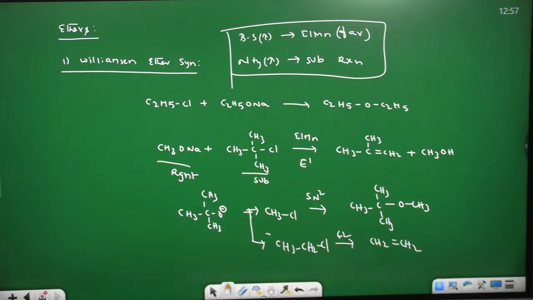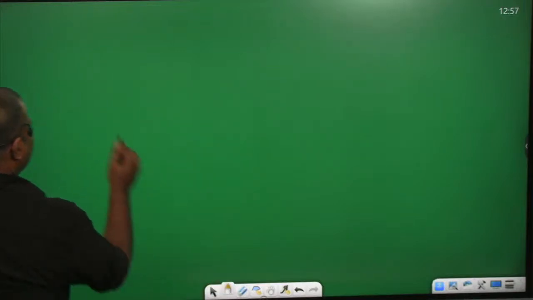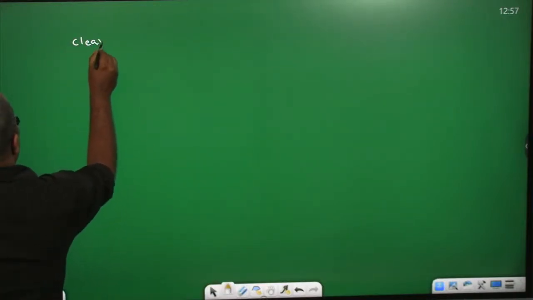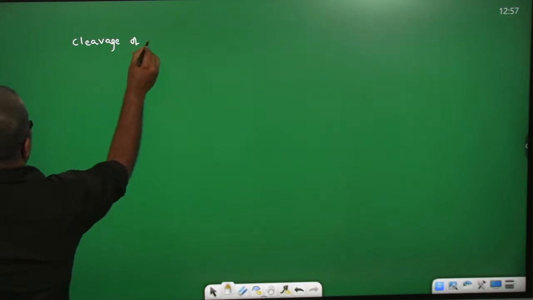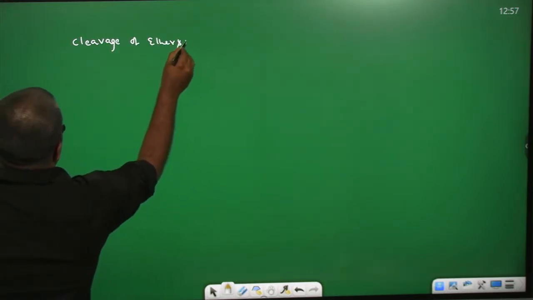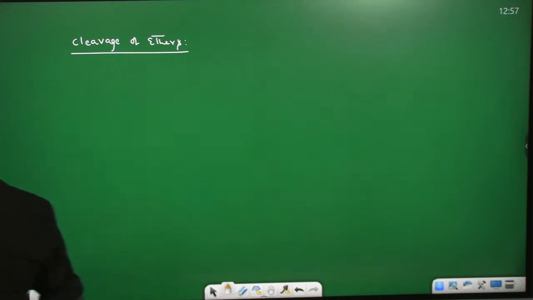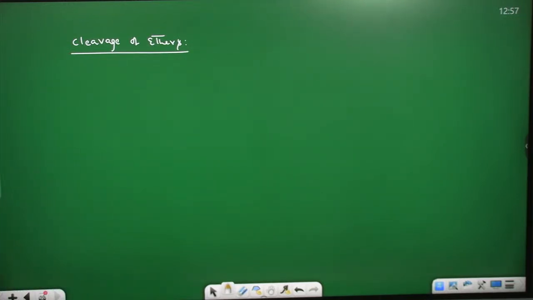Okay, next one. Cleavage of ethers. How can ethers be cleaved?